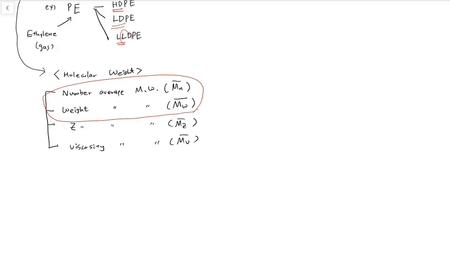All right. We'll learn about that again later, but anyhow, let's define another variable called the polydispersity index, denoted as PDI, which is defined as the ratio between weight average molecular weight and number average molecular weight.